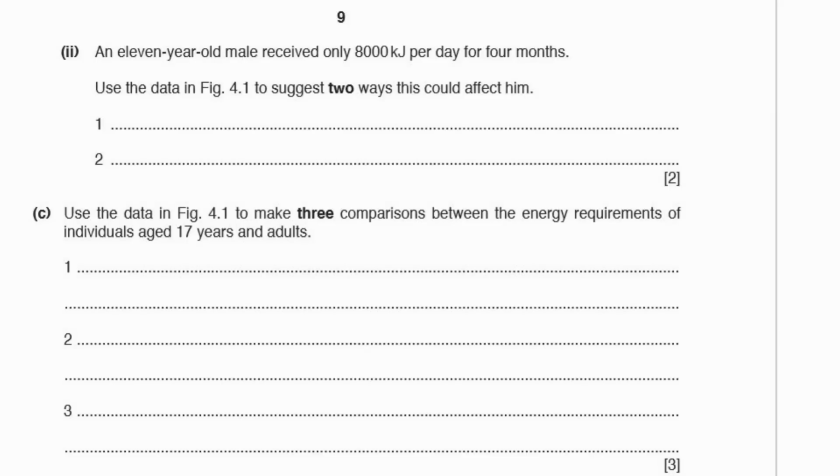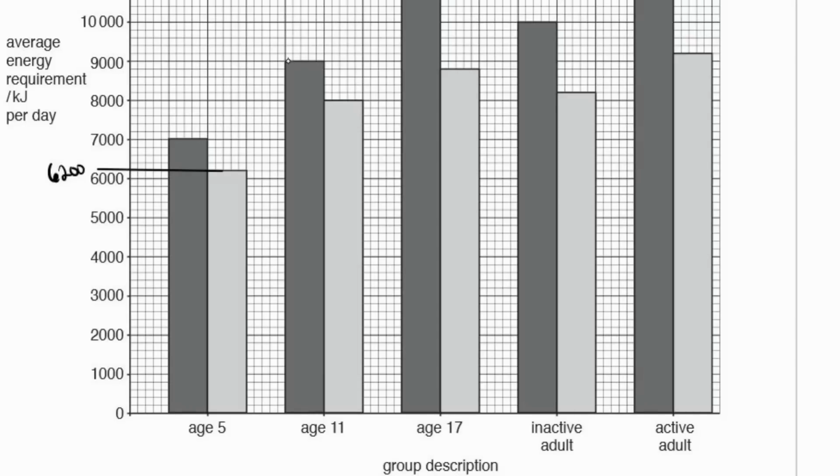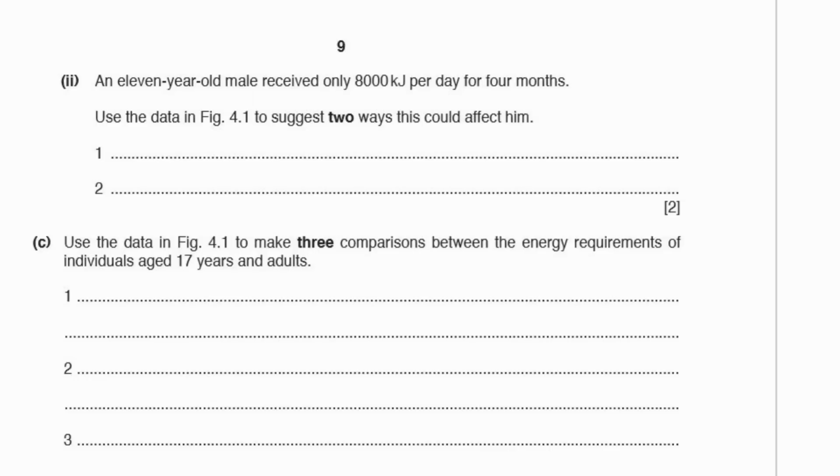2. An 11-year-old male receives only 8,000 kilojoules per day for 4 months. Use the data in figure 4.1 to suggest 2 ways this could affect him. All right, so an 11-year-old male should be getting 9,000 kilojoules per day, but they're actually getting 8,000. So they're not getting enough energy. Lots of things can happen.